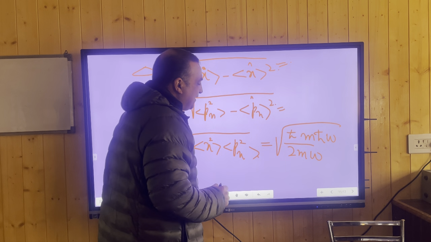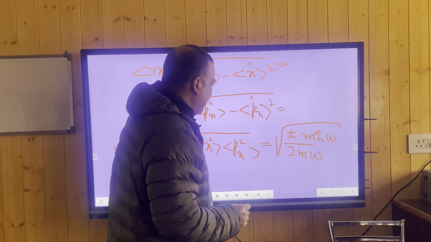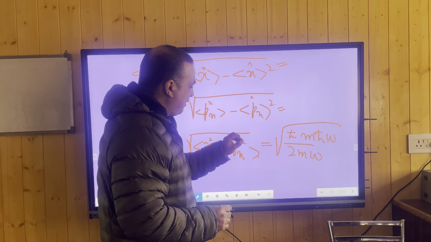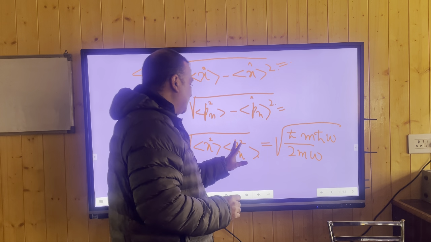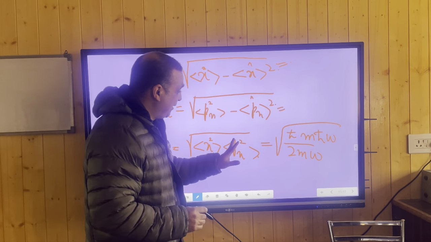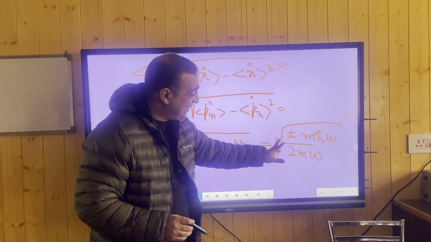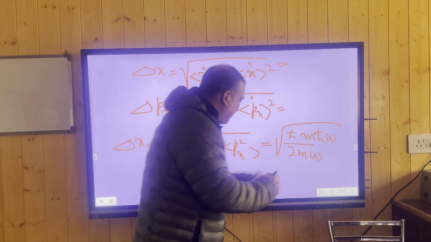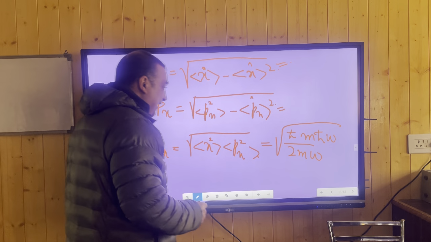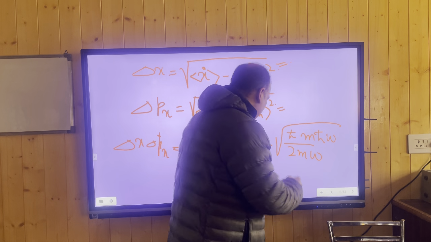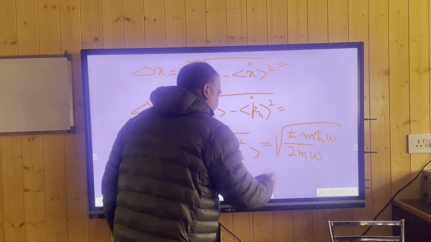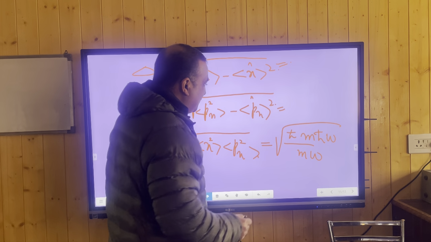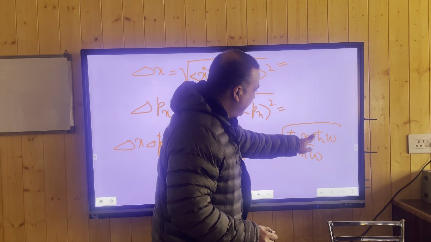So you can immediately see here, even if I have committed any mistake in terms of numbers, that doesn't make any difference because we are achieving our base. Here I think it is not 2, it is only m omega. Here there is no 2, I would like to cut it. So it's only h bar by m omega.